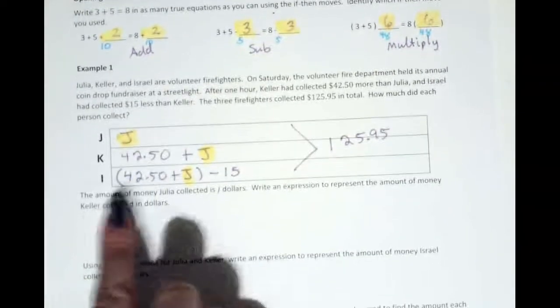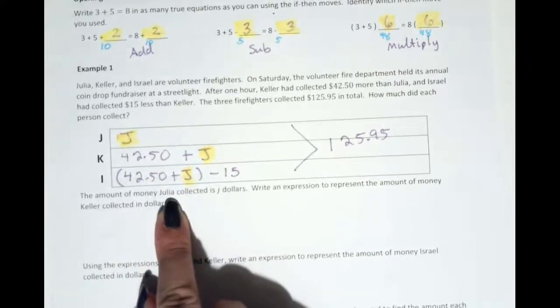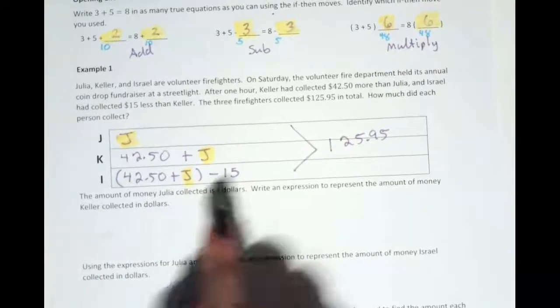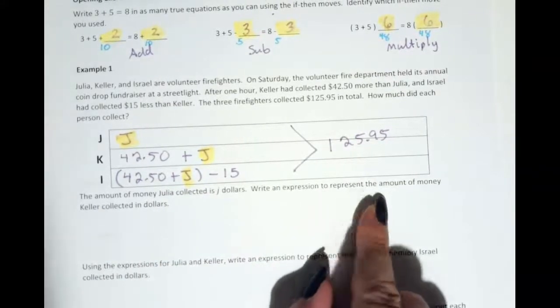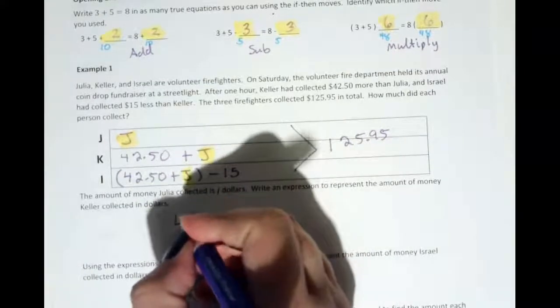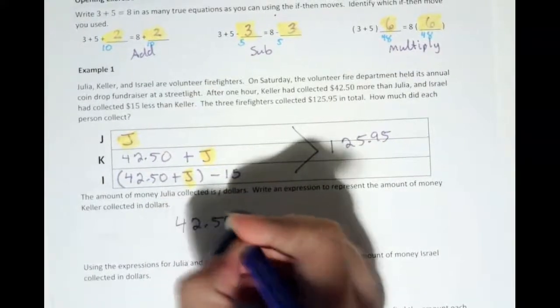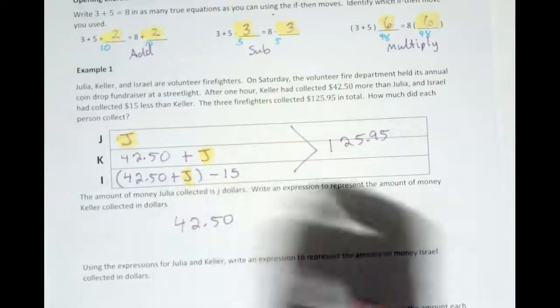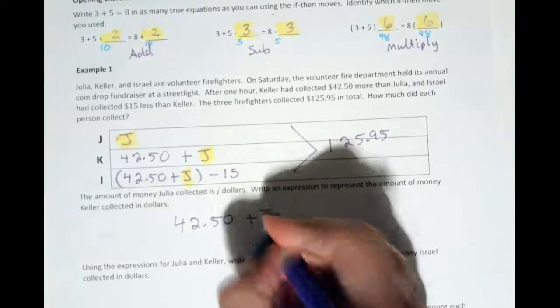Okay. Oh, and it tells us the amount of money collected by Julia is J dollars. Write an expression to represent the amount of money Keller collected in dollars. Already done that because it told us he collected $42.50 more than Julia.